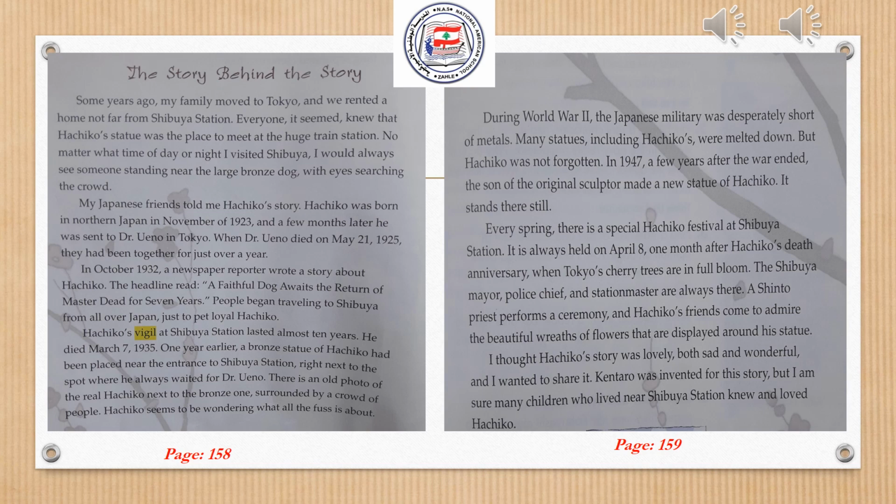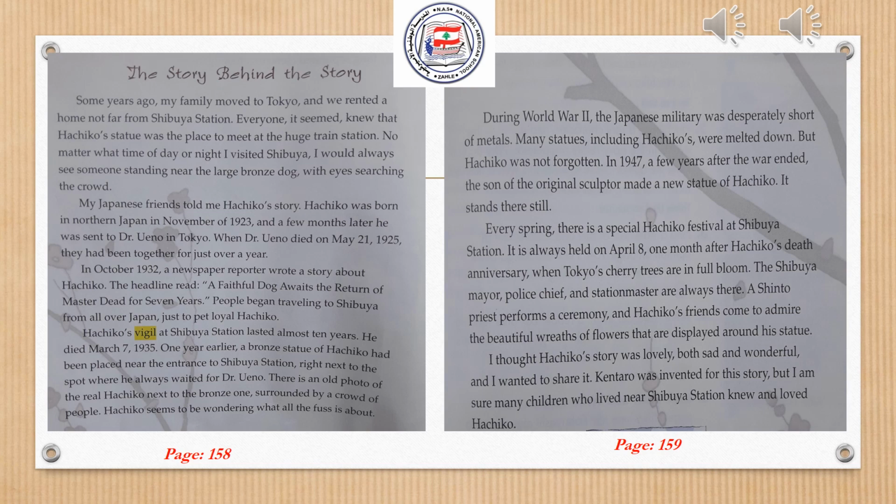Hachiko was born in northern Japan in November of 1923, and a few months later, he was sent to Dr. Ueno in Tokyo. When Dr. Ueno died on May 21, 1925, they had been together for just over a year.